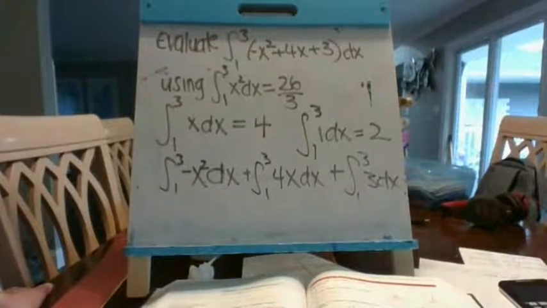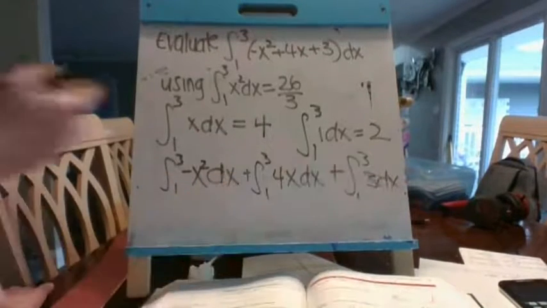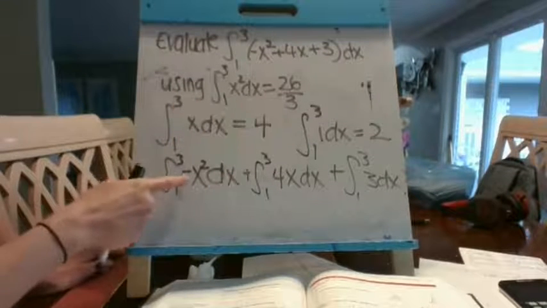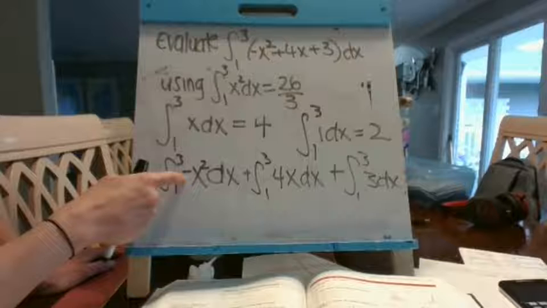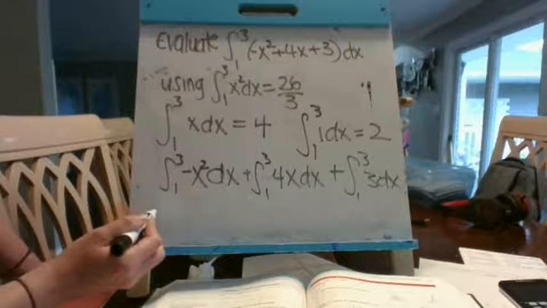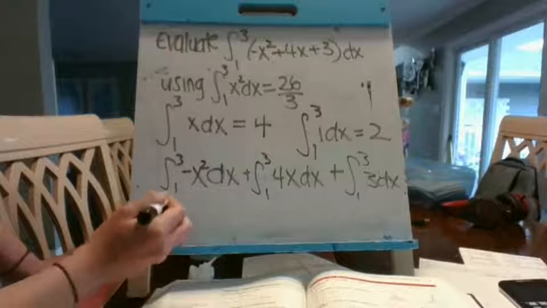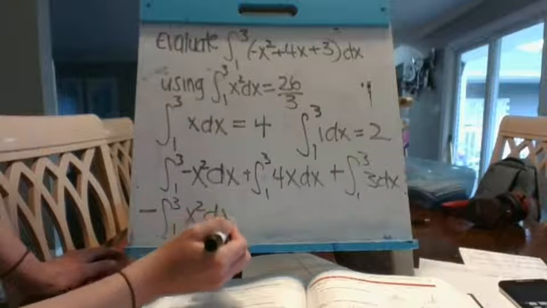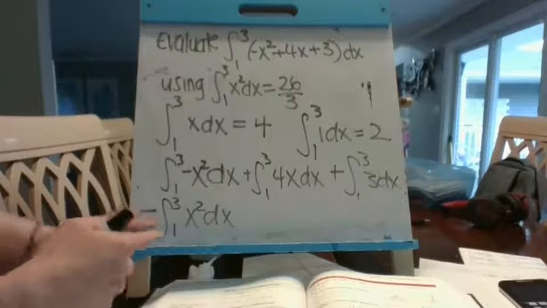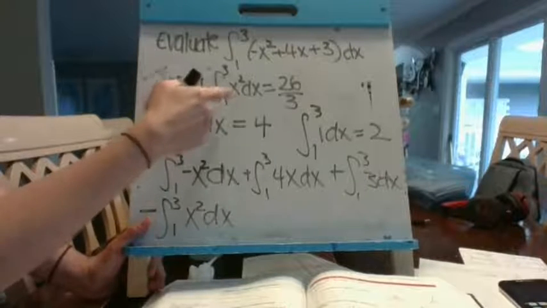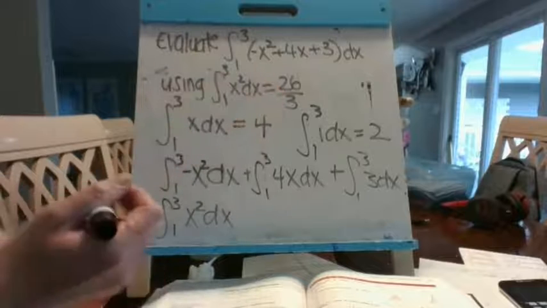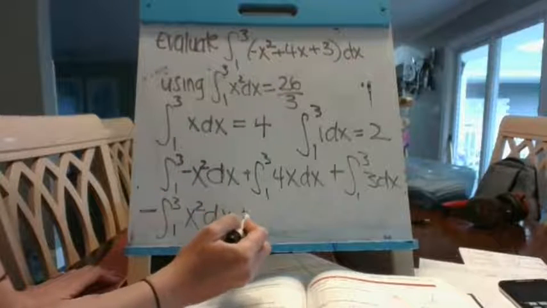Okay, so now my goal is to write each one of these individual integrals as one of the three given ones. So if I pull out the negative in front, I have negative, and then I have x squared dx. I know that's 26 over 3. Next one.